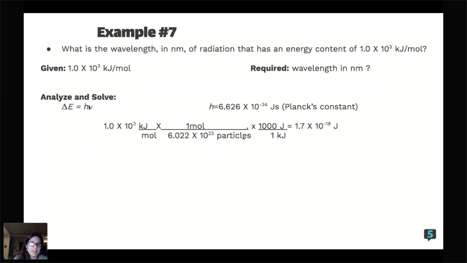Whichever particles, in this case, they are radiation or waves. And then we're going to use the factor to get rid of kilojoules and get joules. So with this first ratio, we're going to cancel moles. And then with the second one, we cancel kilojoules, and we end up with joules. Any questions on how to do this process?